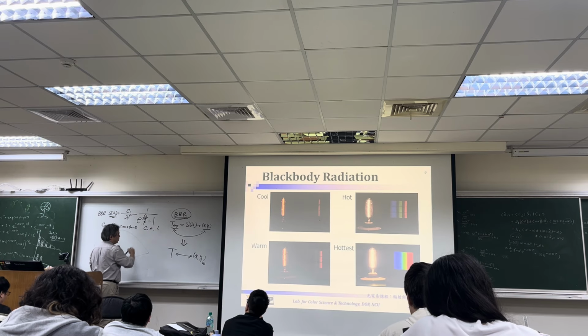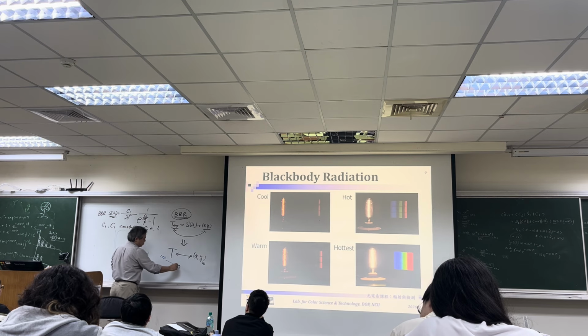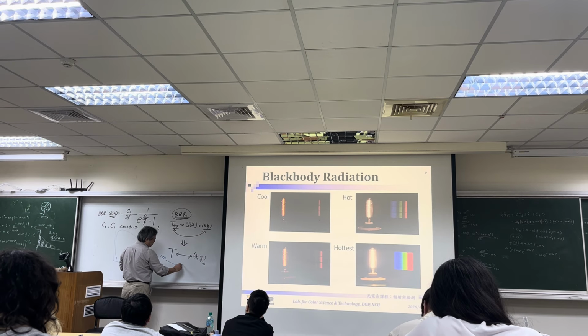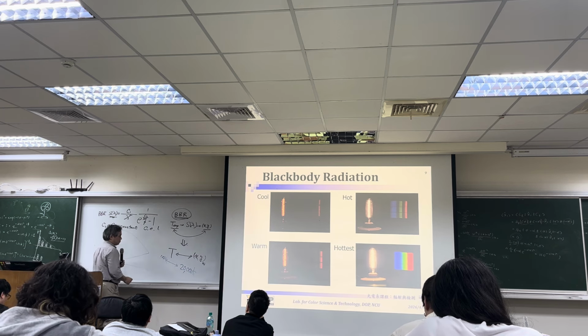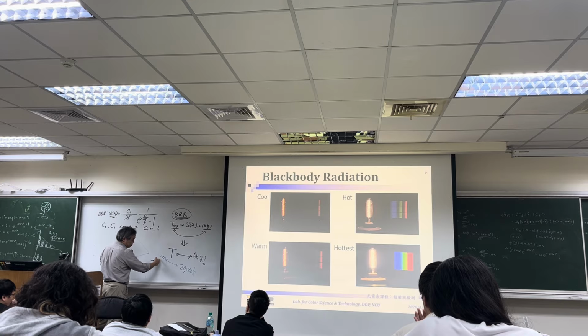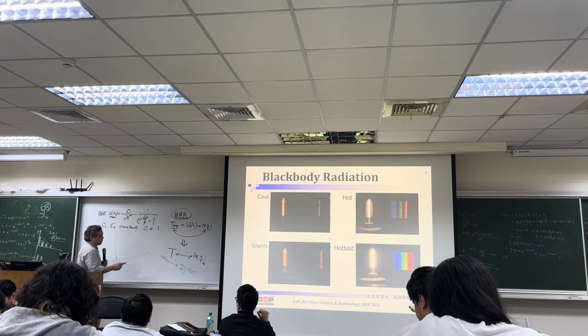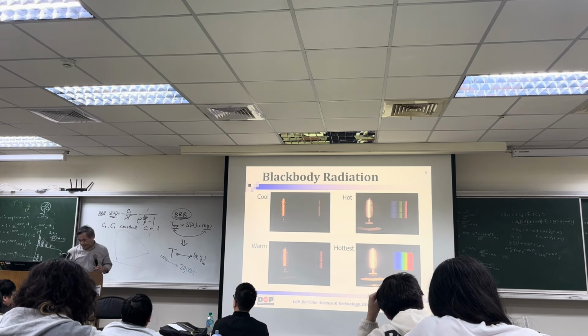So right now you can change the temperature from 100 to, for example, 20,000. You can increase by 500 or 100 per point, then you will have lots of temperatures.